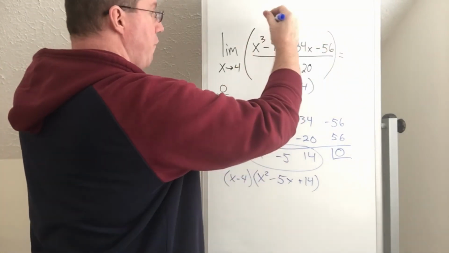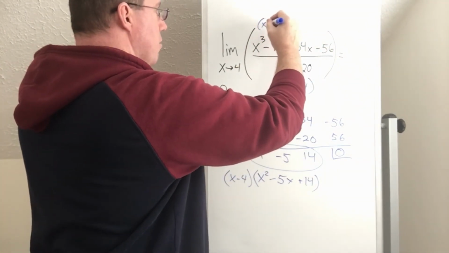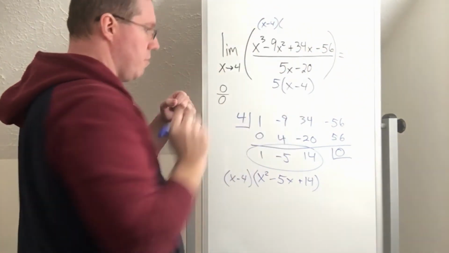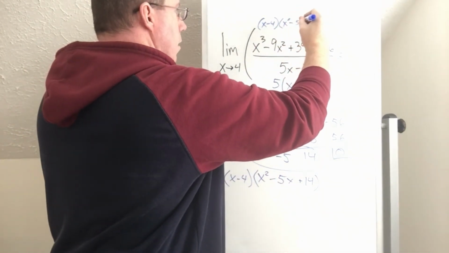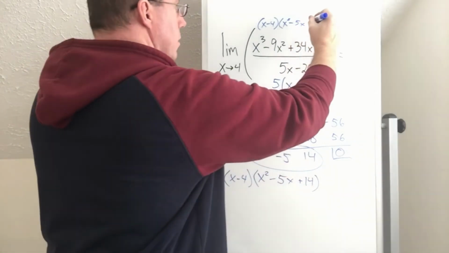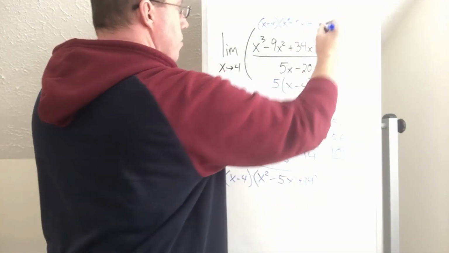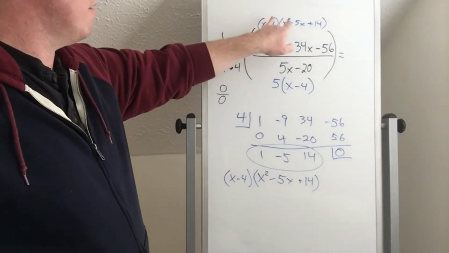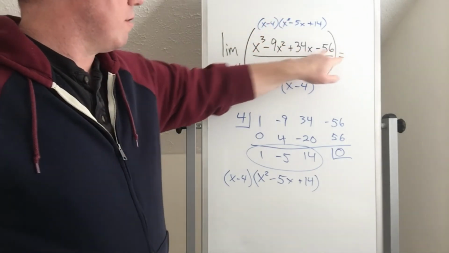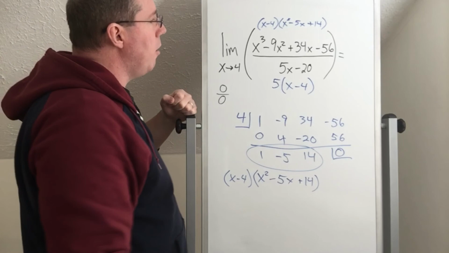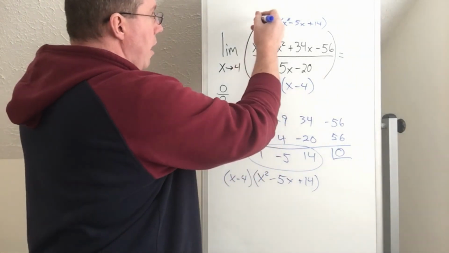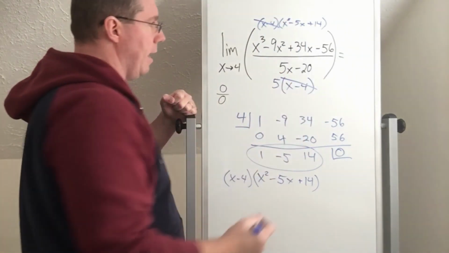So this numerator factors into x minus 4 times x squared minus 5x plus 14. What I'm telling you is that this is this factored.